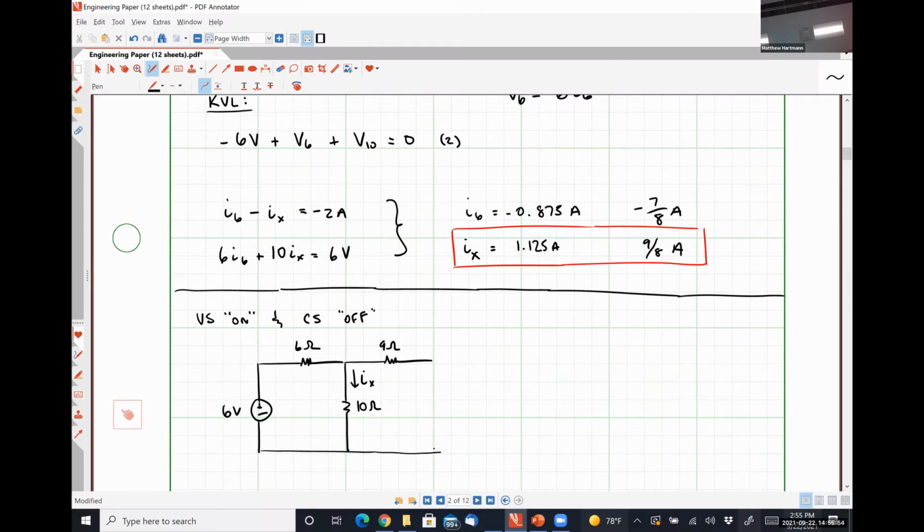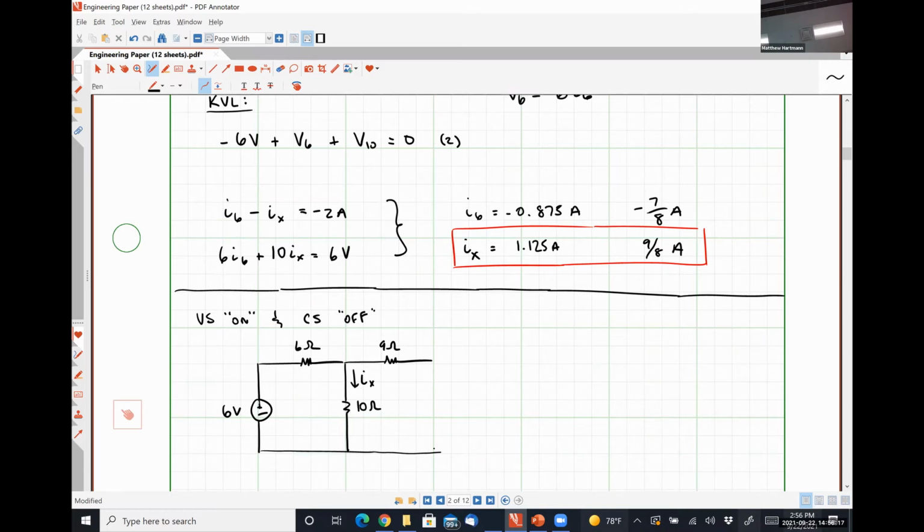Let me ask you guys a question. What does it mean to turn a current source off? It provides 0 current. So we are looking to make a substitution here where we replace our current source with an element that allows no current whatsoever to flow.